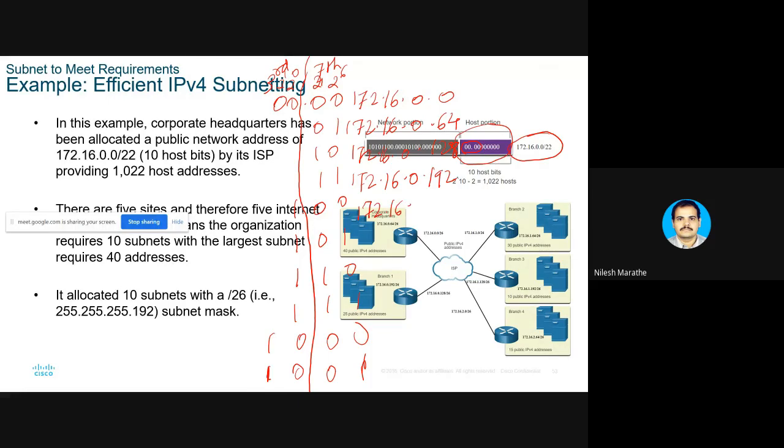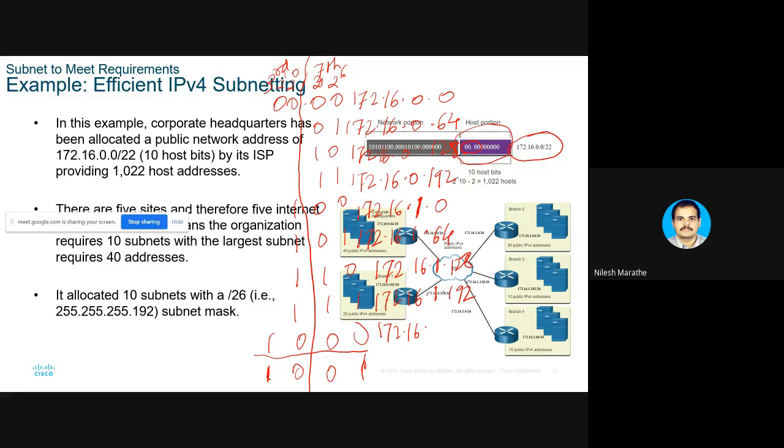Then 172.16, here 0, here 1. 2 raised to 0 position is 1, so that is 172.16.1.0. Then 172.16.1.64. Agreed? 172.16.1.128. 172.16.1.192. What should I write next?